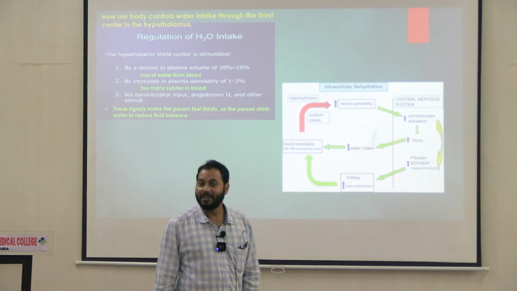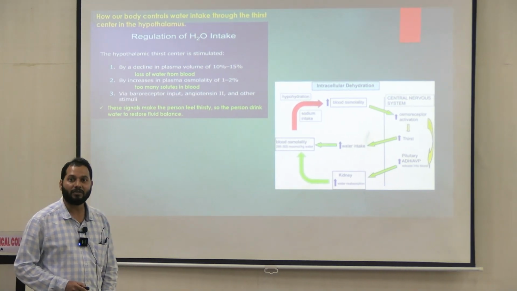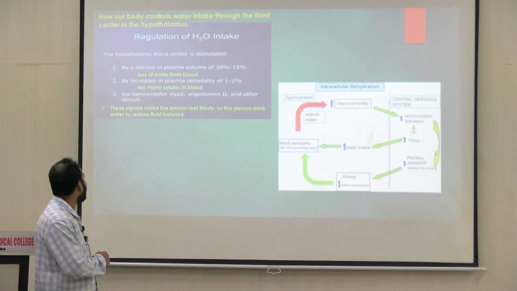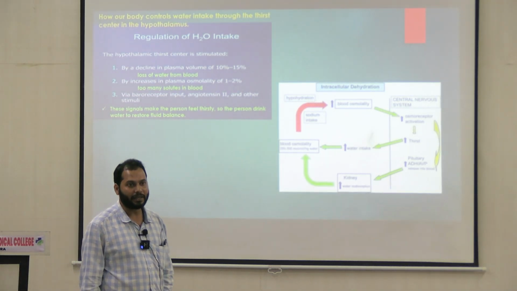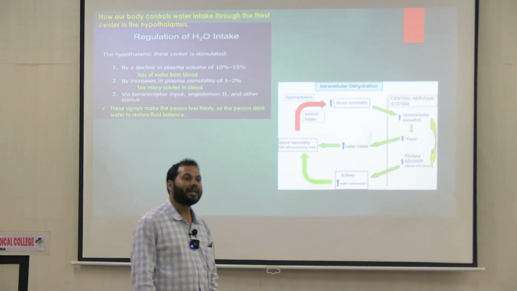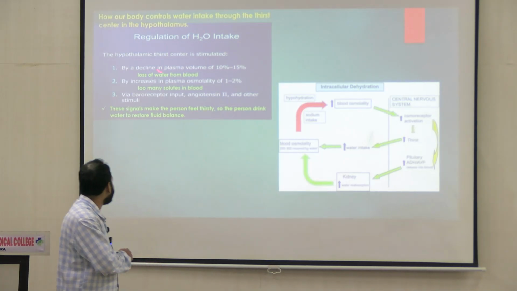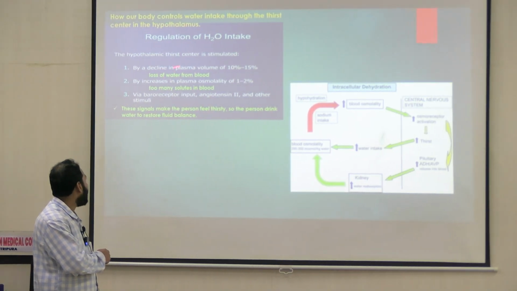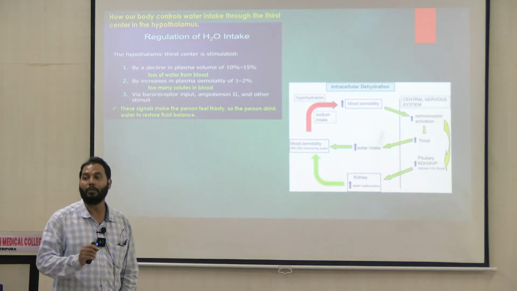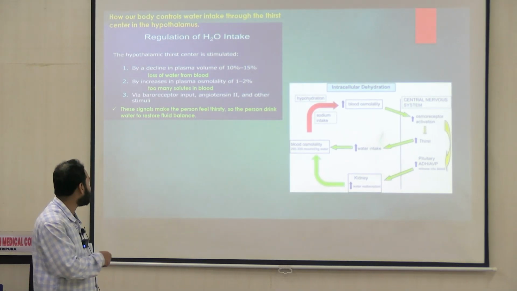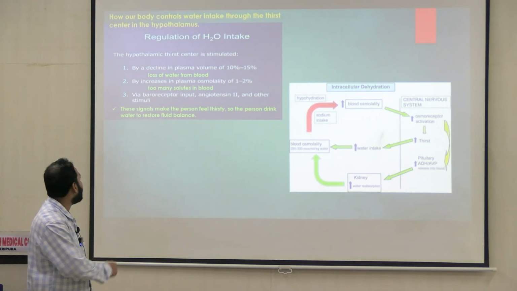So if there is a decline of around 10 to 15% of that plasma volume, it influences a specific site in the hypothalamus called the thirst center, and activation of that thirst center stimulates water intake. So you can say the decline in plasma volume is an important regulator of this regulatory mechanism.